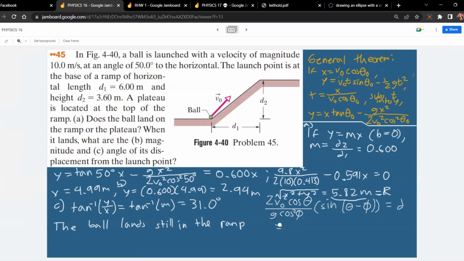And then, so plug in 2 times 10 meters per second square times cosine of 30.96 times sine of phi minus theta, 50 minus 30.96, divided by G cosine of phi. Nagbolo ko yung numbers ko.